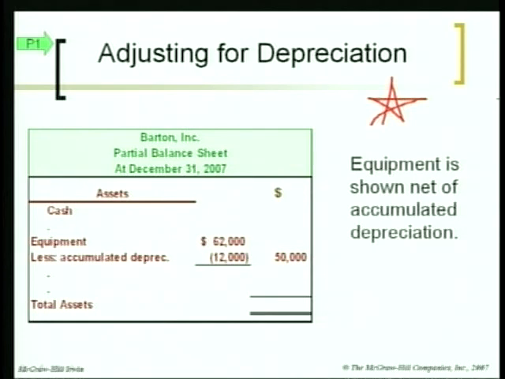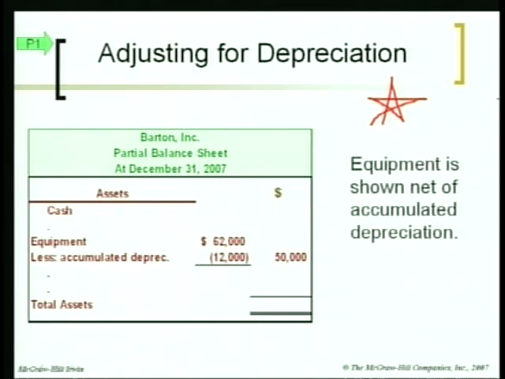Instead, we go to this account called accumulated depreciation. The way that this looks on the books, and this is a great test question, is you list the asset at 62 less the contra asset of 12,000, and that gives you a book value current at December 31 of '07 of $50,000.